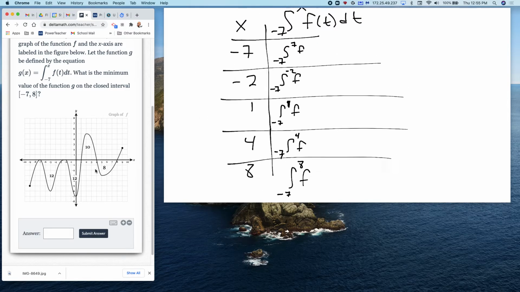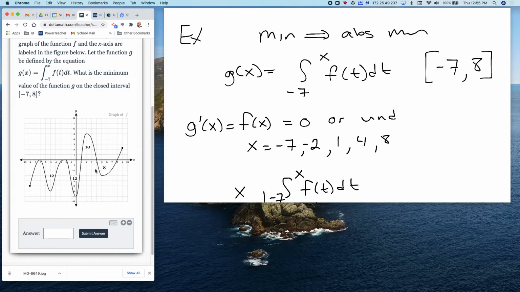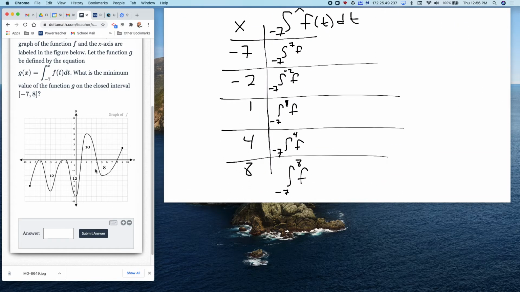Well, we can get these values because we know that this integral right here is the area, I'll say area loosely, under the curve from -7 to whatever x value it is. So if we think about this particular one right here, that's 0. If we start at -7, end at -7, we get 0.